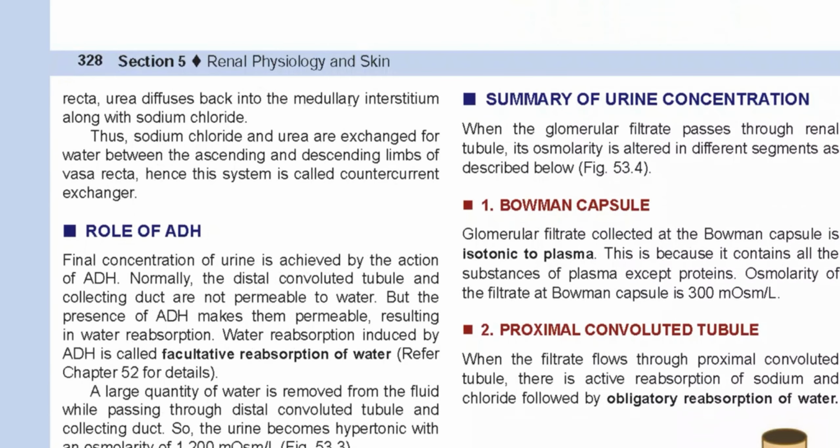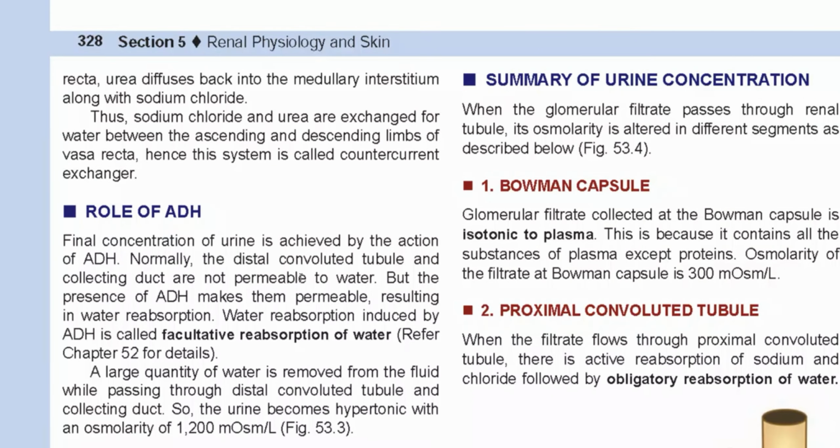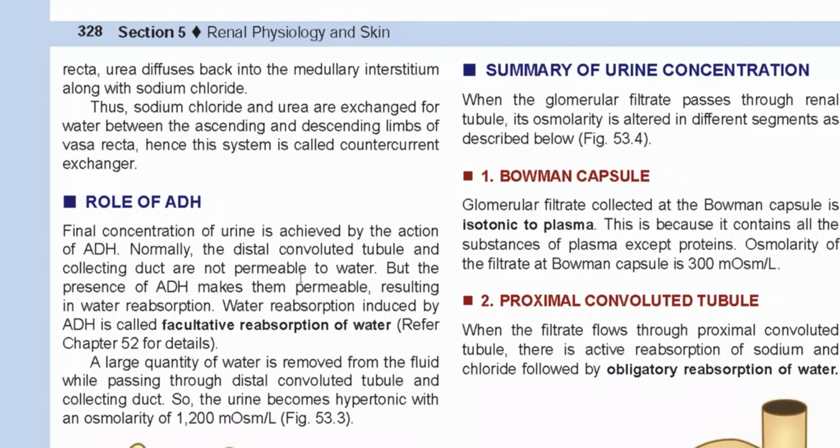Now, the role of ADH, and how ADH acts here. As you know, ADH is the antidiuretic hormone, secreted from the posterior pituitary gland. The final concentration of the urine is achieved by the action of ADH. Normally, the distal convoluted tubule and the collecting tubule are not permeable to water, but the presence of ADH makes them permeable, resulting in water reabsorption.